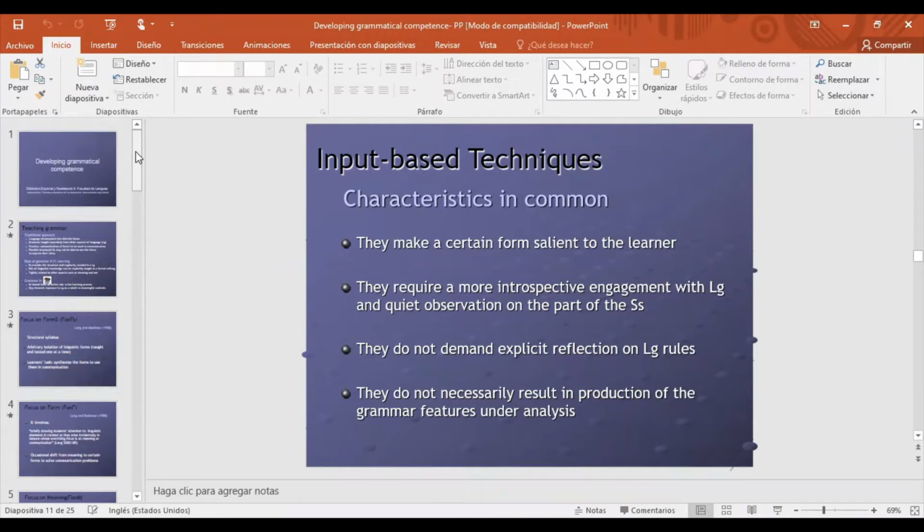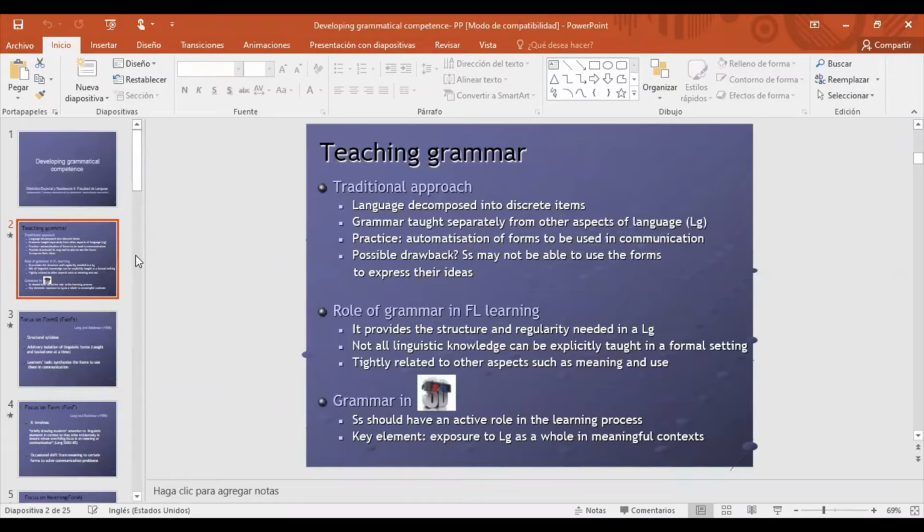So we discussed the traditional way in which grammar has been taught throughout many years, and we started discussing this so-called grammar in 3D, which is a kind of new approach to the teaching of grammar.